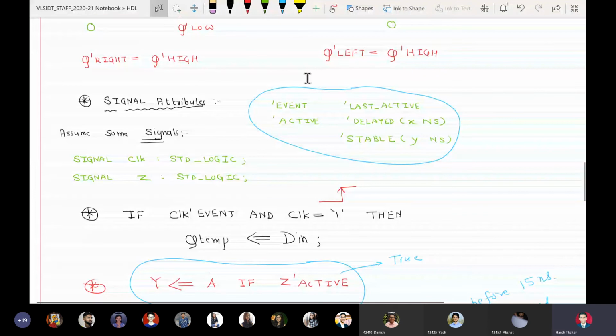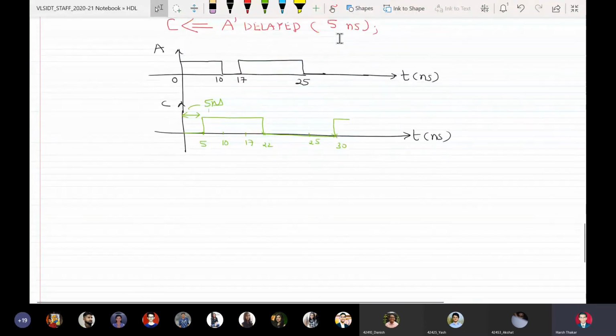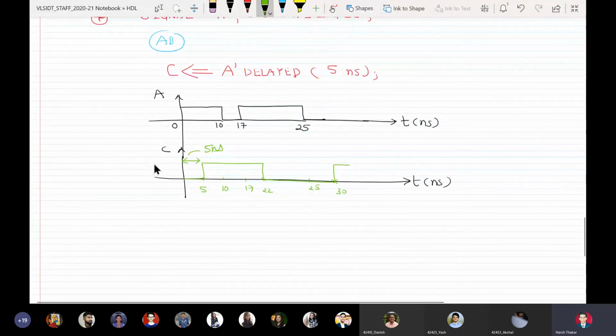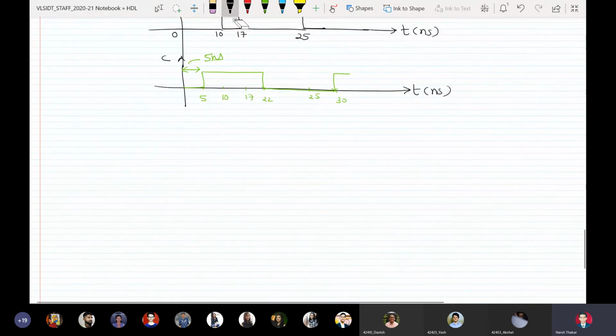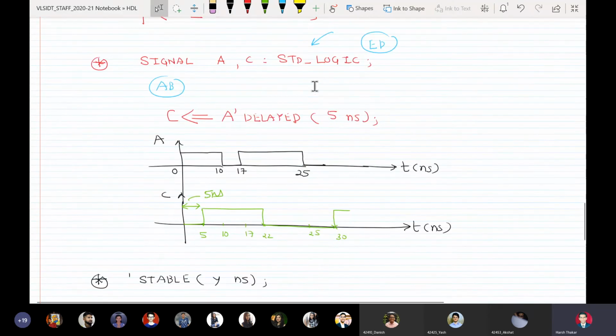Stable y nanosecond. So what is the definition of stable now? So now stable y nanoseconds. Okay. With that, we take the same example as here.